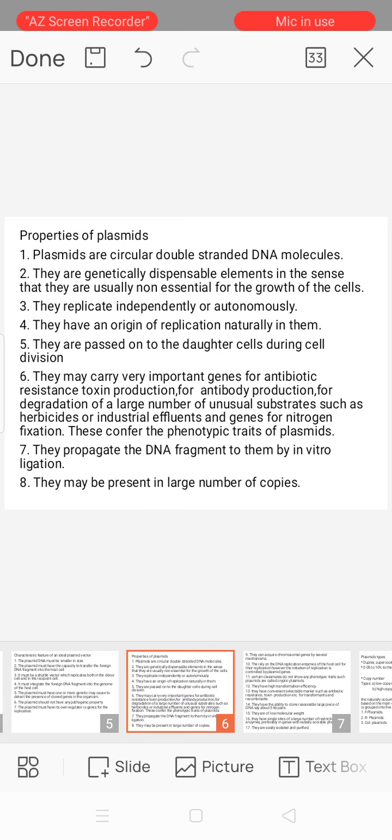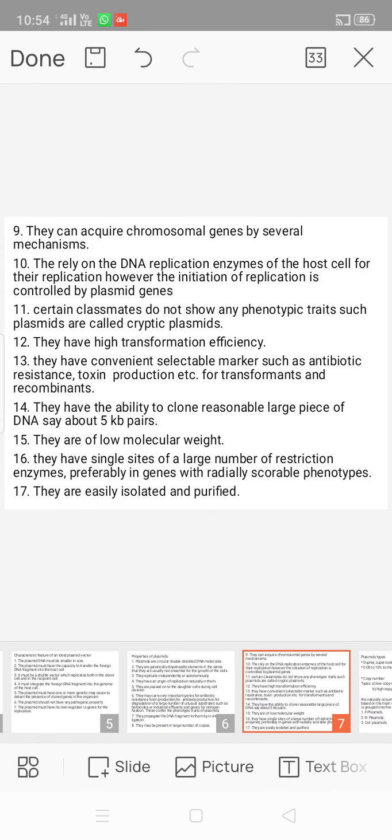They propagate the DNA fragment linked to them by in vitro ligation, and they may be present in a large number of copies. They can acquire chromosomal genes by several mechanisms, and they rely on the DNA replication enzymes of the host cell for their replication.